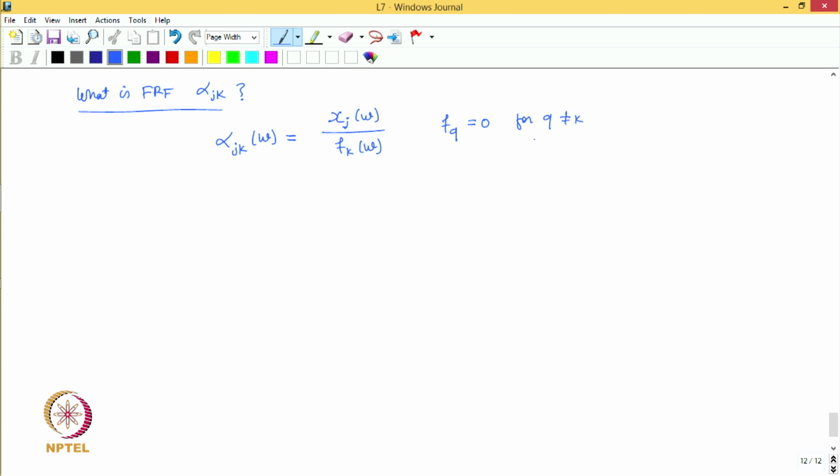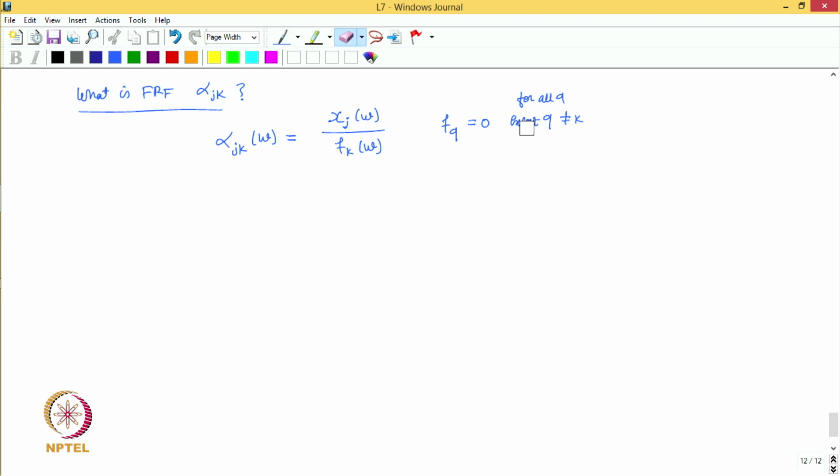So, for all q, f q should be 0 except q is equal to k.